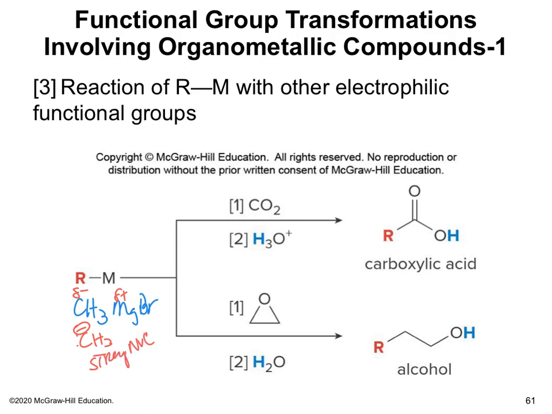Now keep in mind, if you have an epoxide that's asymmetric, so let's just go ahead and add a carbon here. This is a strong nucleophile, and it's going to add from the least hindered side, right?